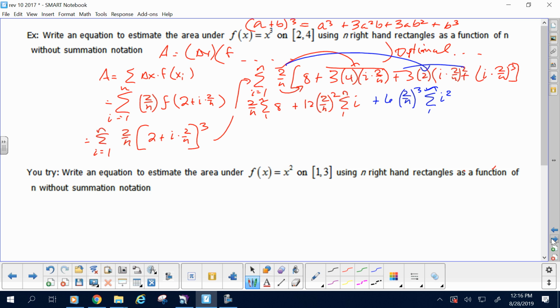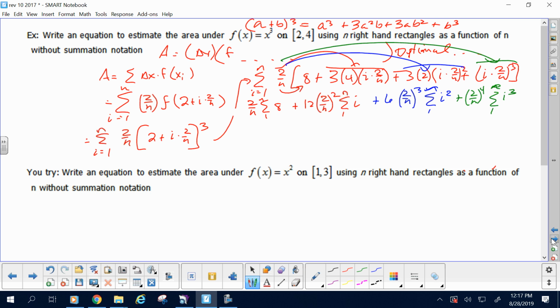And then lastly, what can I pull out? 2 over n, quantity to the 4th, times the sum of a bunch of i cubes. We're getting there. We're almost done.